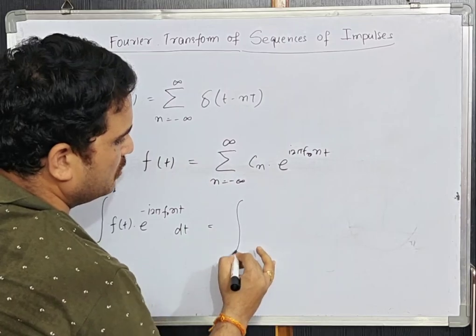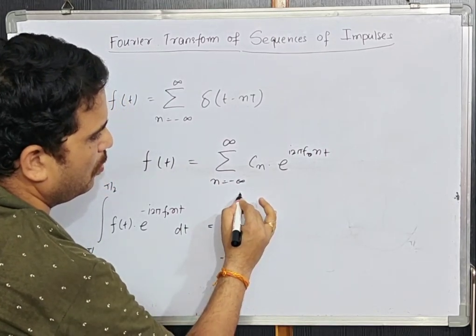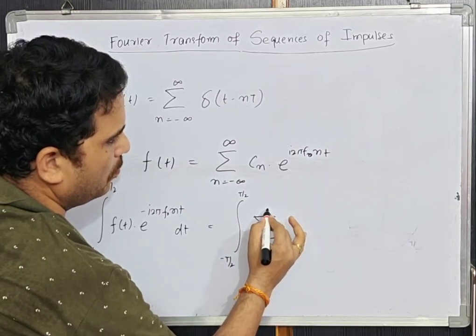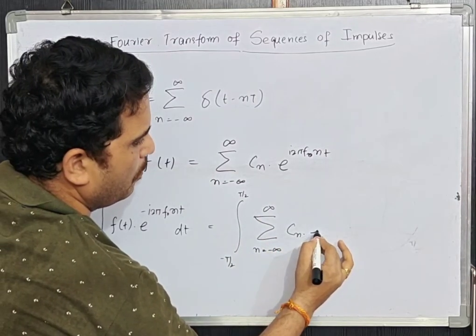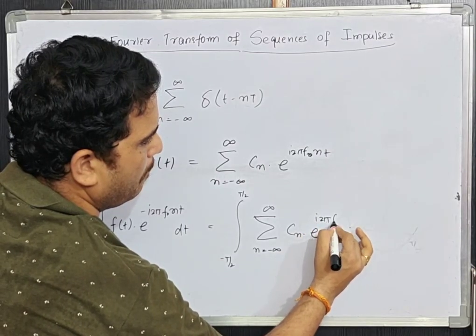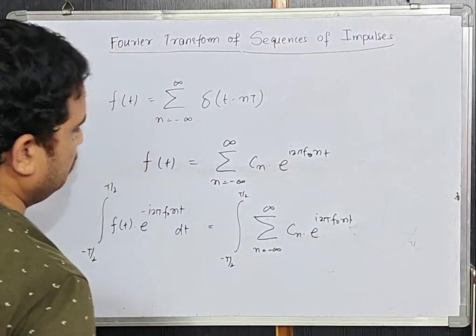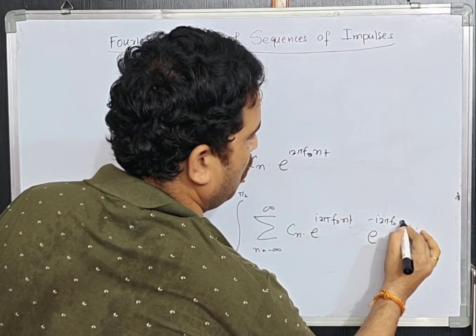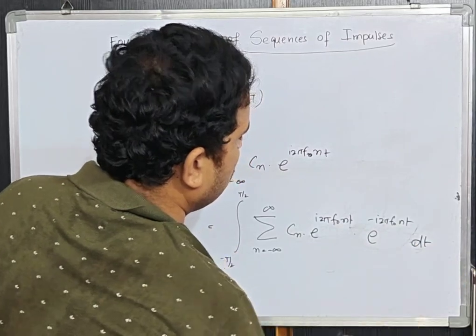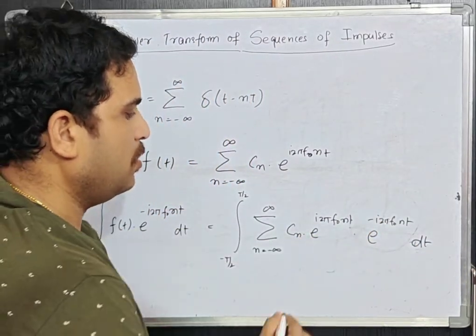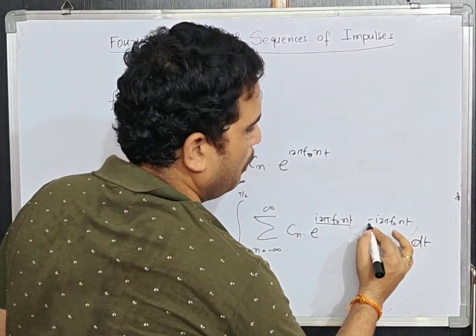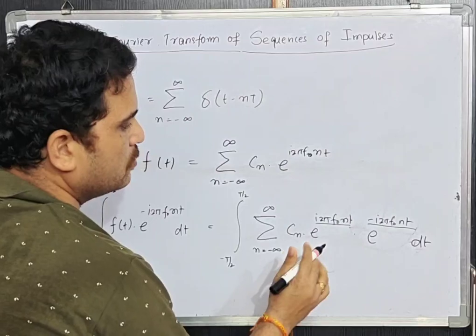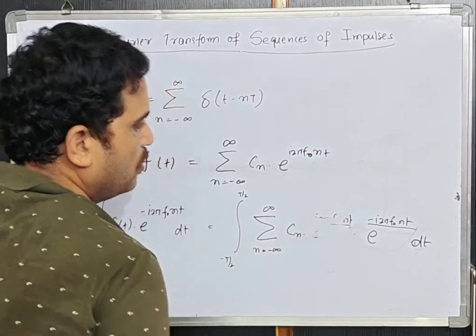I'll do the same thing on this side also. These two terms get cancelled out because e to the i 2 pi f naught nt times e to the minus i 2 pi f naught nt cancels out. That was my idea, to take this term out. So I got rid of these two terms.